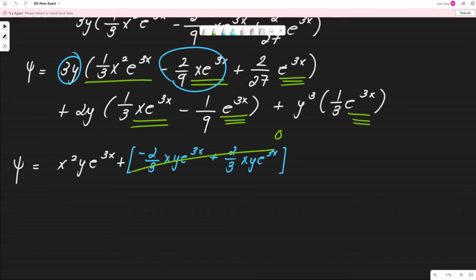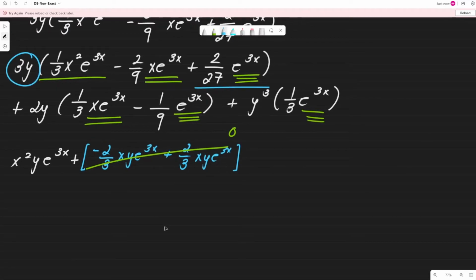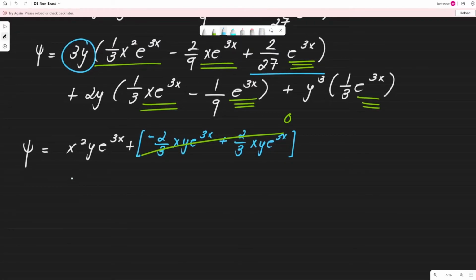When we distribute 3y going here to 2/27 e raised to 3x, that will be equal to 2/9 y e raised to 3x.